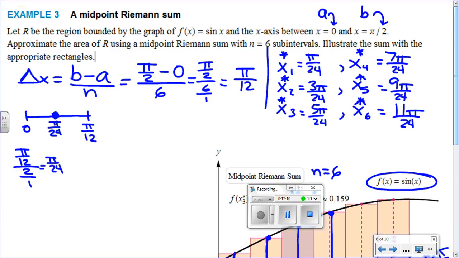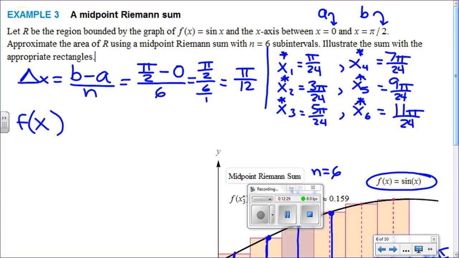Now the way that we will extend it, and this is the notation that you will see in this particular textbook, it will be the f. This will be the height of each rectangle, so it will be the function value for that first midpoint. That's the height of the rectangle. And what's the width of the rectangle?